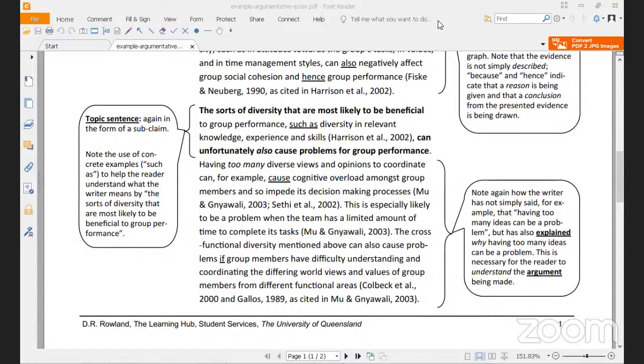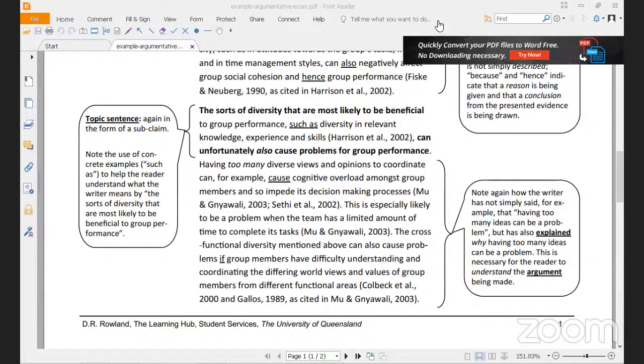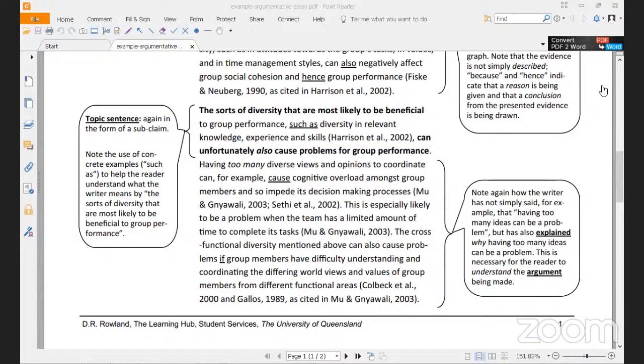Having too many diverse views and opinions to coordinate can, for example, cause cognitive overload amongst group members and so impede its decision-making process. This is especially likely to be a problem when the team has a limited amount of time to complete the task. The cross-functional diversity mentioned above can also cause problems if group members have difficulty understanding and coordinating the different worldviews and values of group members from different functional areas.